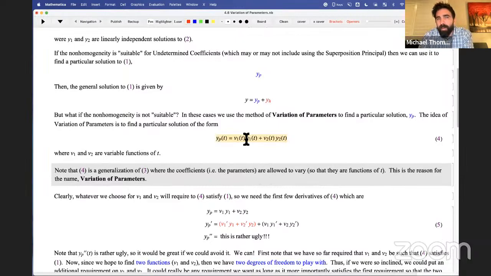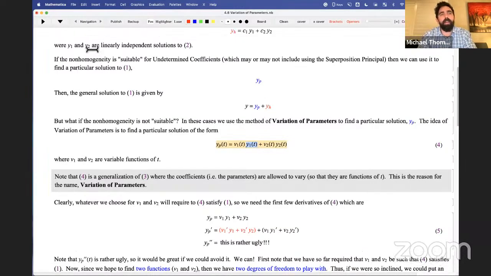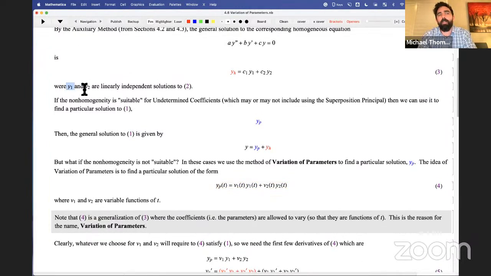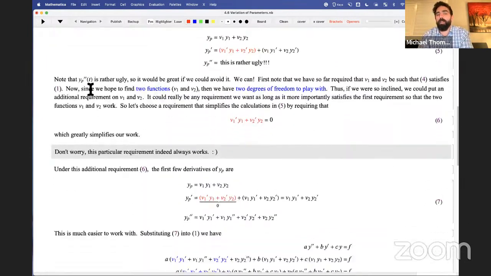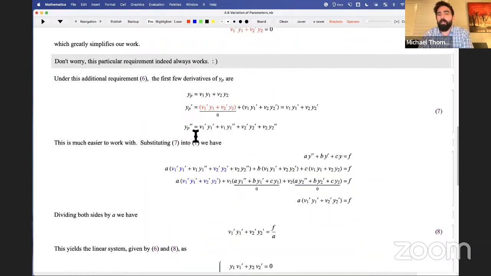Yeah, here they are. The Y1 and the Y2 are basically the two linearly independent solutions we found to the homogeneous equation. So we're going to use those. We already have them available, and they are used right in here.